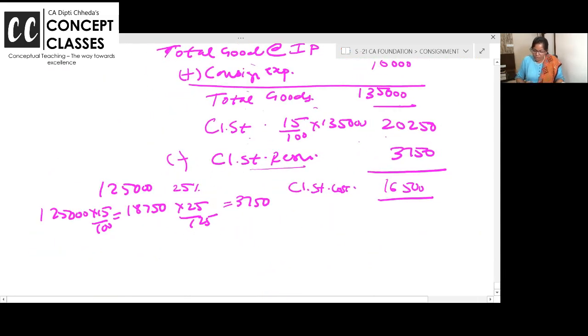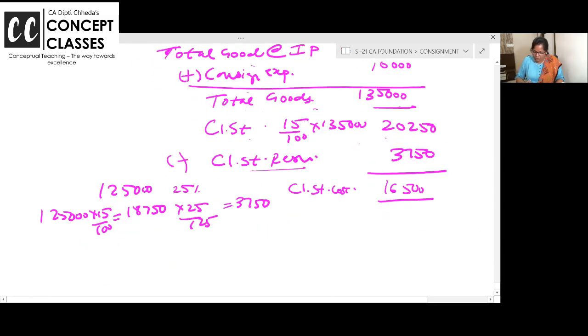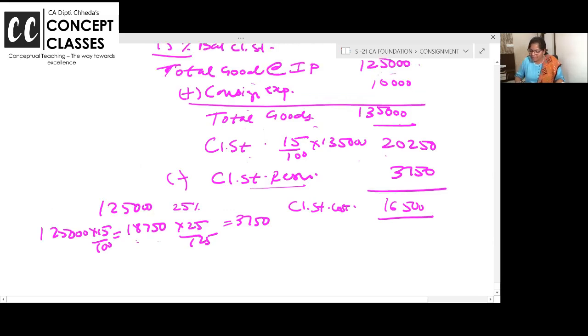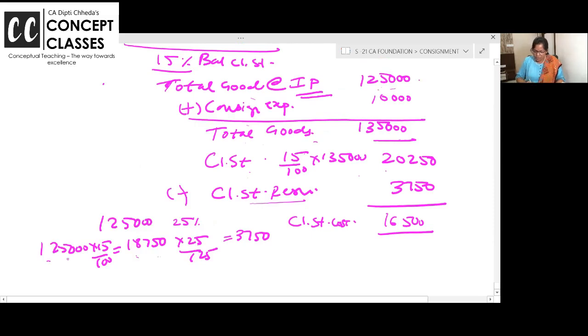Now, in 1,25,000 goods, 15% are in closing stock, 18,750, and in 18,750 into 25 by 125, these are at invoice price. 125 is the invoice price, and its 15% is also at invoice price.